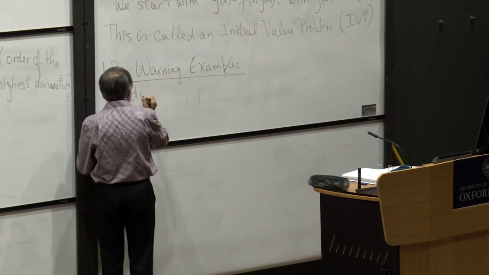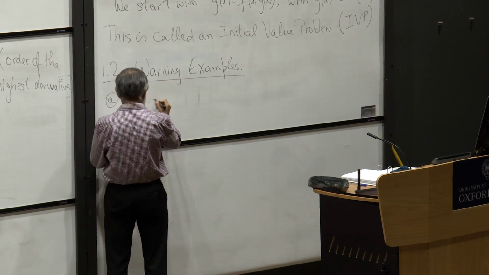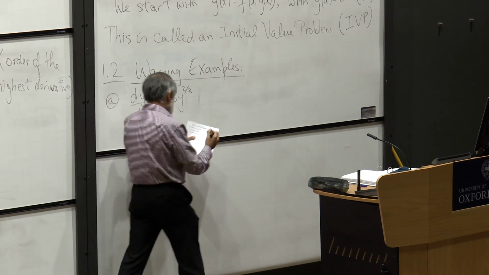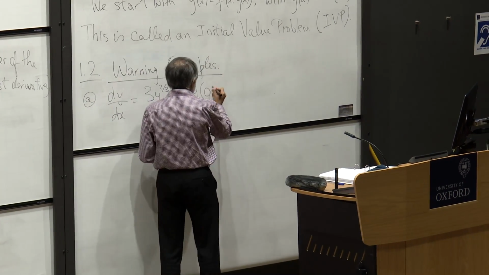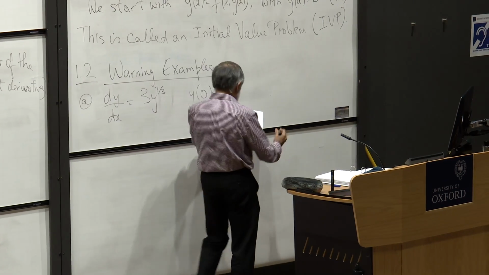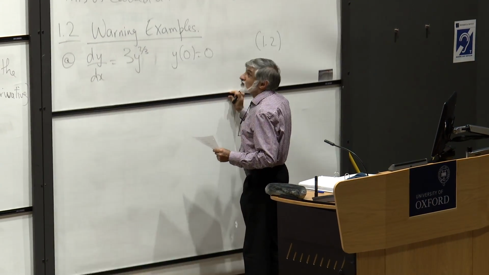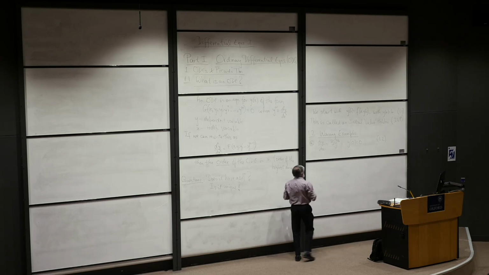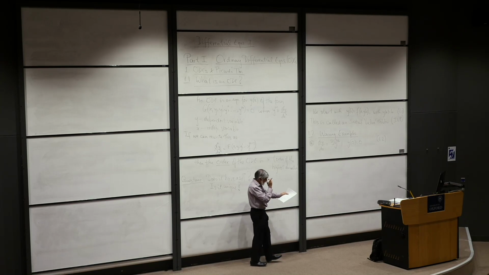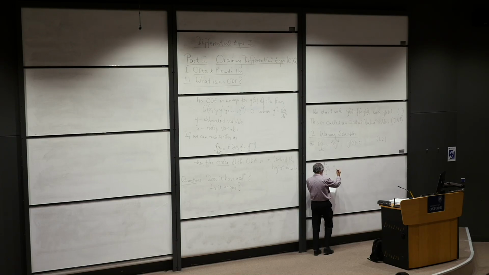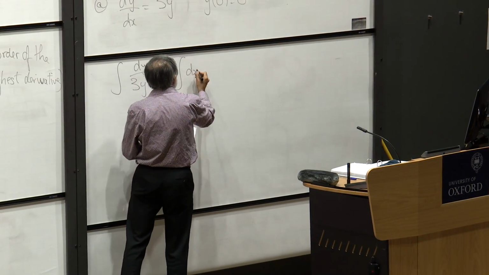So here's an ODE, dy by dx equals 3y to the 2/3, and initial condition y of 0 equals 0. So that's an initial value problem. So let's solve this by separating the variables. I'll just sketch the proof of this; I'll leave you to do it properly.